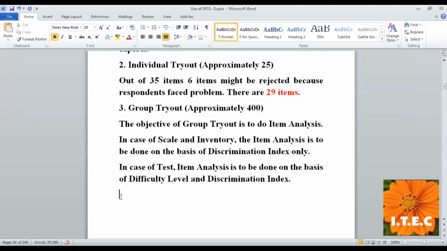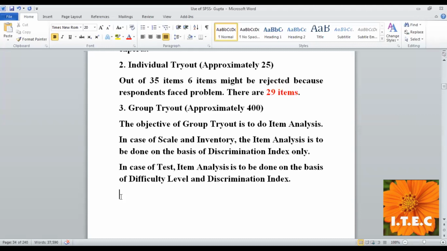Suppose in this particular school, you have 27 people or 30 people. So you now give them one test booklet copy and ask them to read the instruction first and not to write anything on the test booklet.